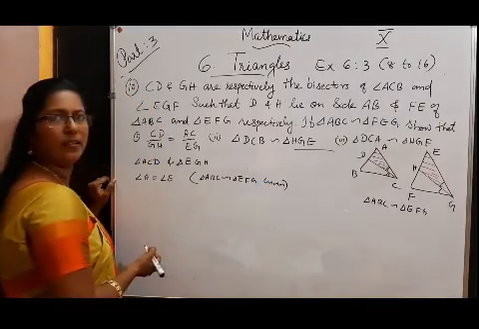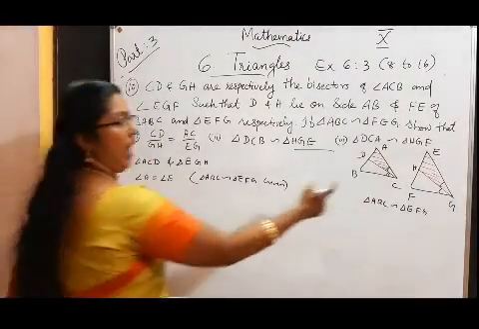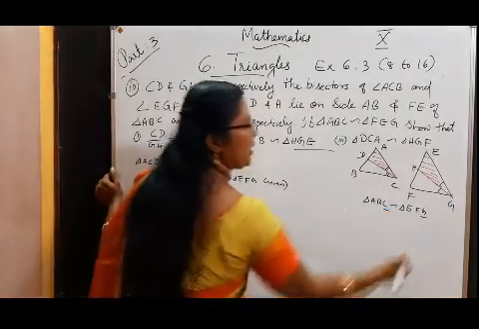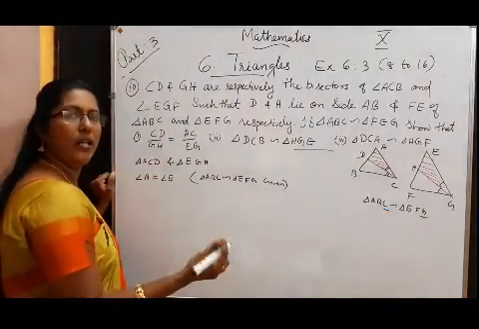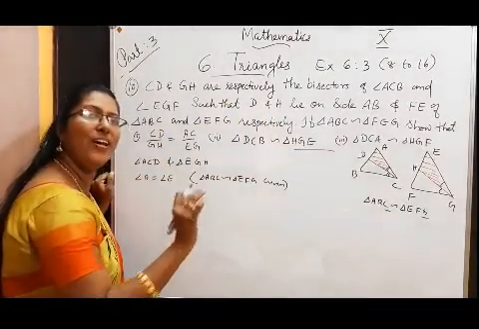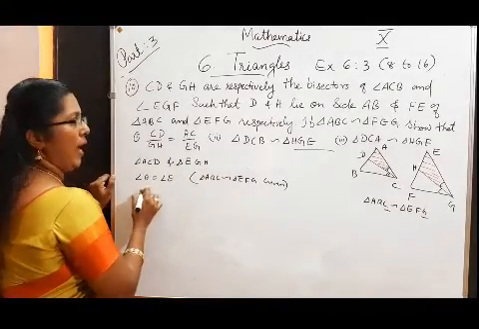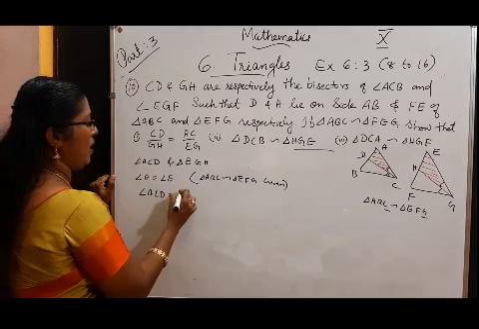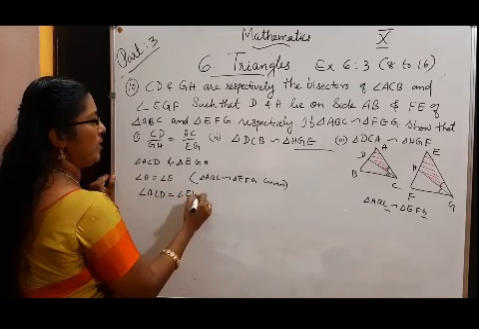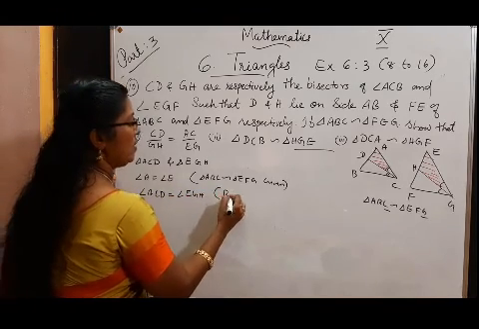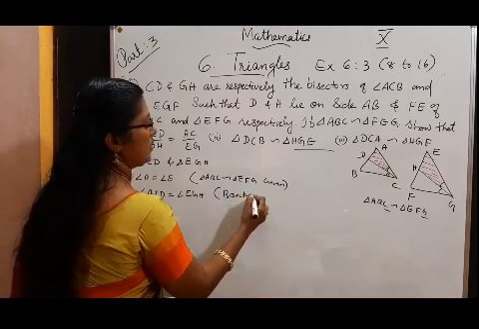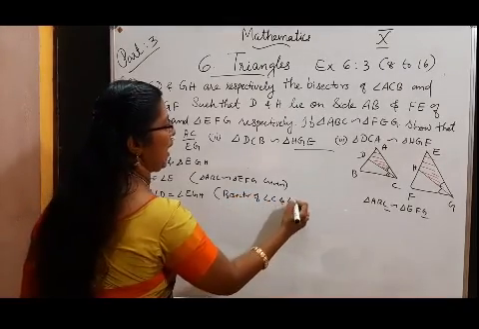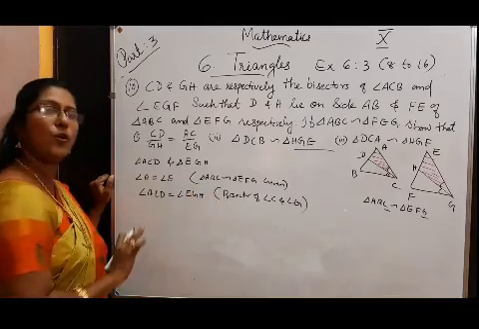Then angle C and angle G are equal, then their bisectors are also equal. So angle ACD equal angle EGH, because the bisectors of angle C and angle G are also equal.